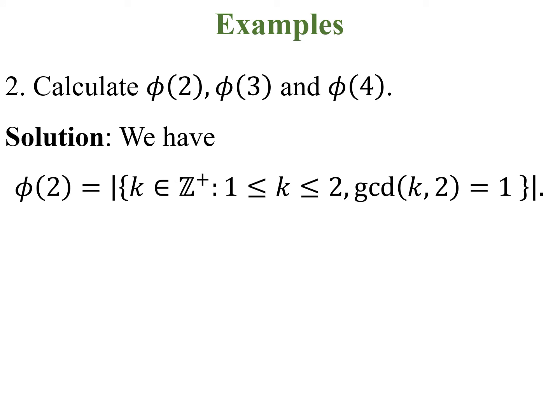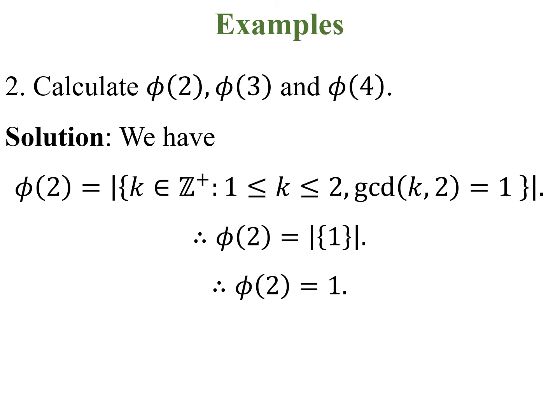So 2 cannot satisfy this condition, only 1 can, and so this set contains only a single element 1, and so phi of 2 is 1.